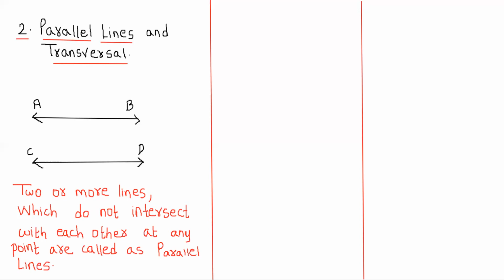Now the next topic which we are going to study, students, after parallel lines, is the transversal. Let us understand what a transversal is. If we have two parallel lines, for example line AB and CD, and a third line, let us name it PQ, intersects these two parallel lines.